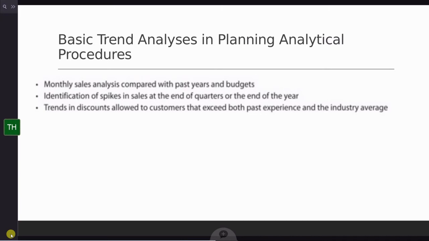That's when fraud potentially exists, fictitious invoices, sales that really didn't occur, those types of things. And then trends on discounts allowed to specific customers even, but then comparing it as a whole to your experiences or industry averages, things out there, so that it makes sense, these discounts that they're allowing.